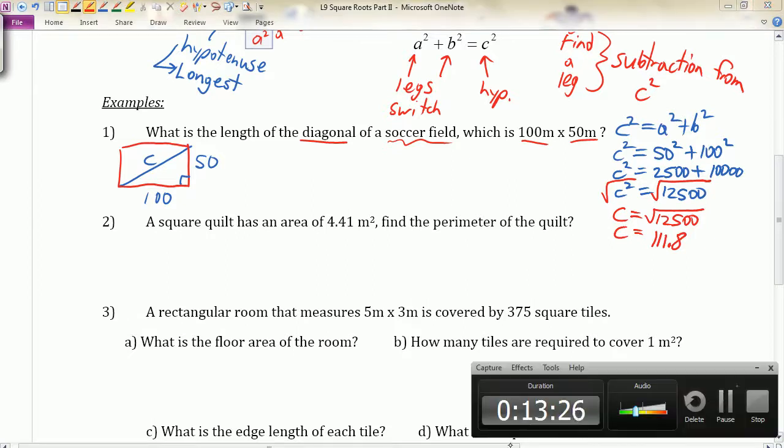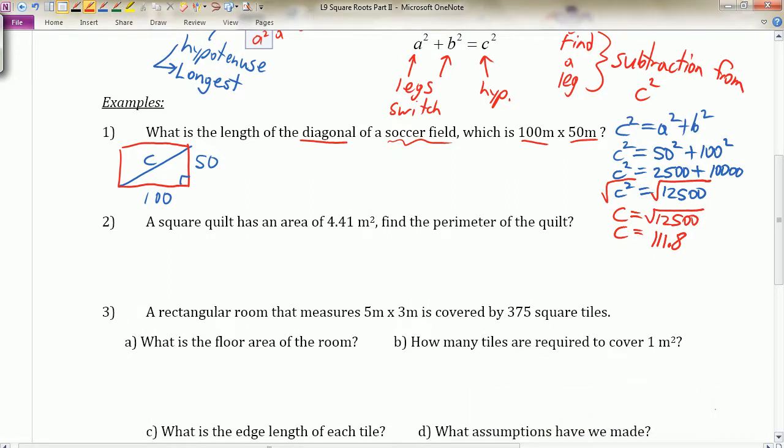And once you get your answer, you should come up with a short sentence. Awesome. Diagonal is 111.8 meters. Well done. Just a quick little sentence.